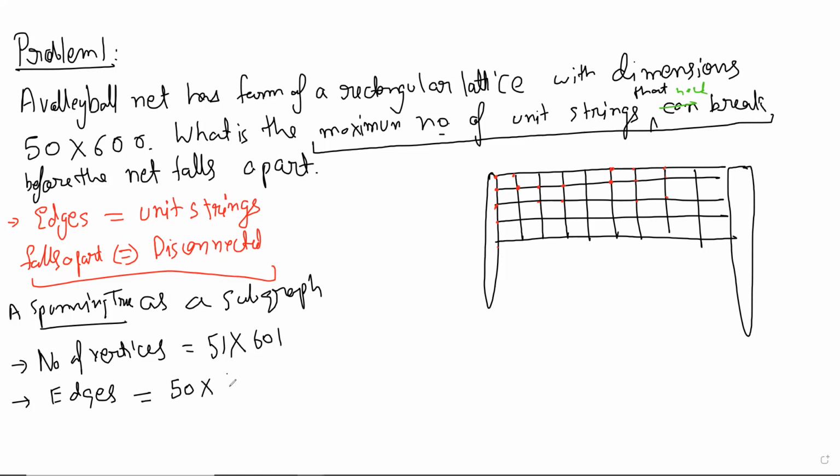Is that right? 50 into 600. But are you also counting this edge as an edge? That really depends on the convention. It doesn't matter. You can write both the cases. If we count that, then this is the number of edges. Okay, so how many can we remove?